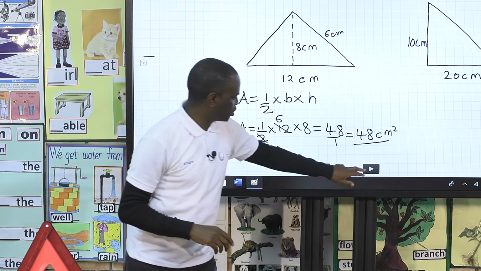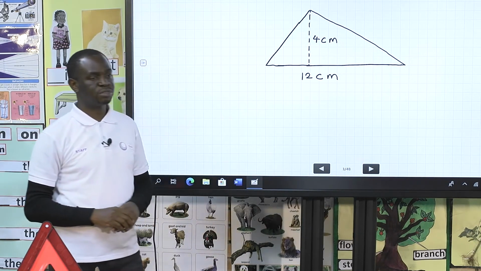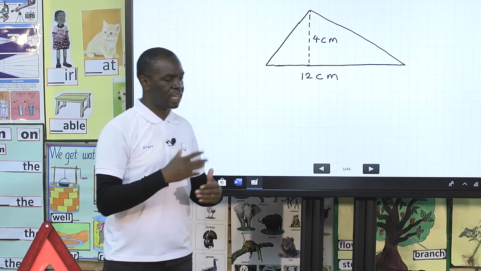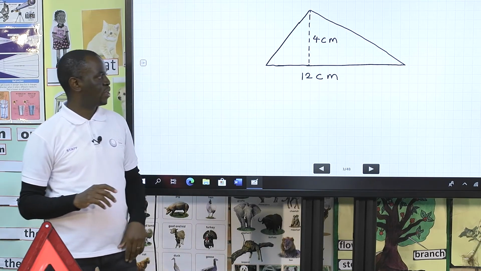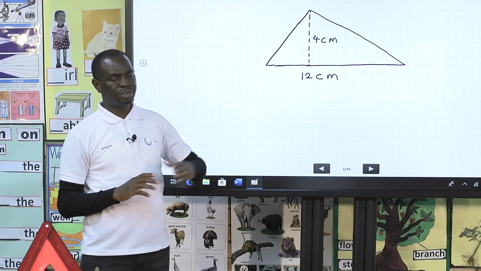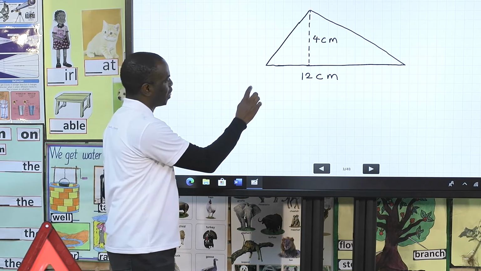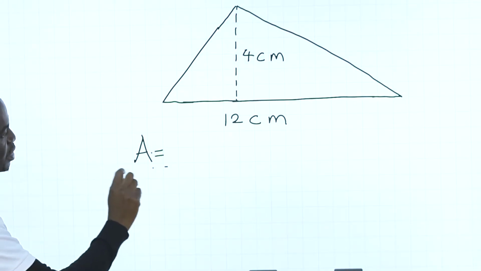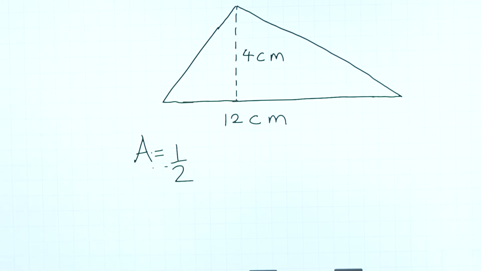So we can move on to the next triangle, which is also interesting and straightforward. If you practice more and more, you discover to say they are actually easy to calculate. Triangles are easy to calculate. So we have the triangle on our board here, and we still follow the same process. We're going to say area will be equals to half, which is a constant that we use in our calculation.